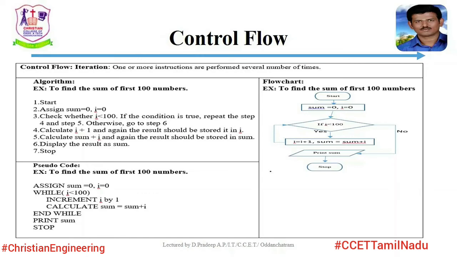For particular reasons, particular instructions are repeatedly executed to achieve the goal or a portion of the goal. So the control flows are sequence, selection, and iteration. These may be used by the need of the application.